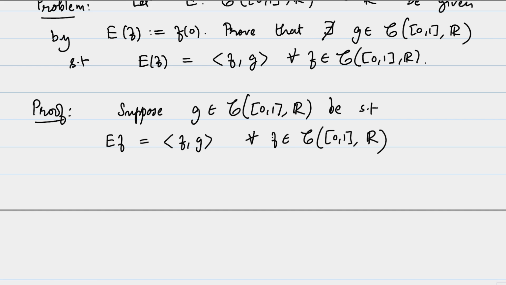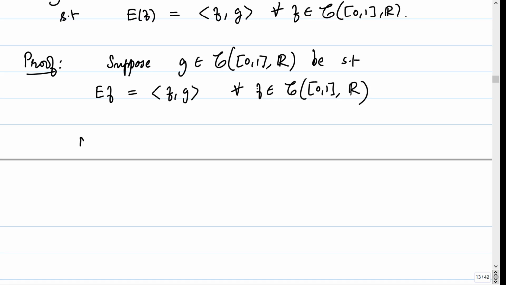So let's see. Notice that the inner product of F and G is defined to be the integral from 0 to 1 of F times G. This is the inner product with which we are working on C[0,1].